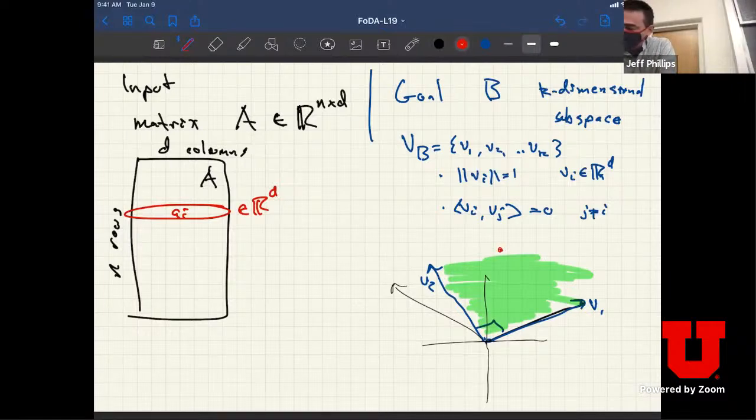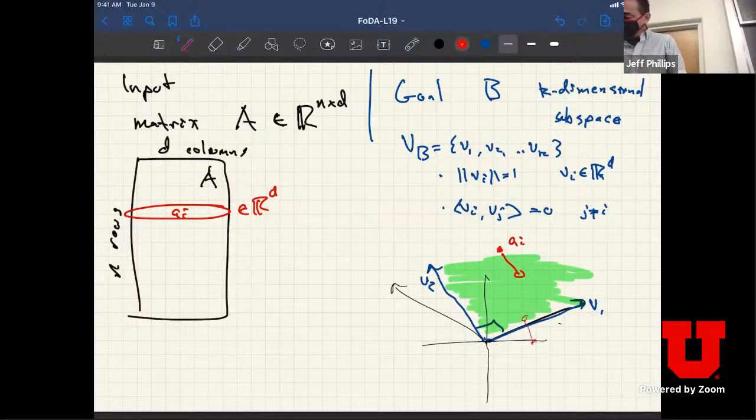This could be A_i. Then we want to project this onto the closest point in this two-dimensional or k-dimensional subspace defined by these basis vectors.